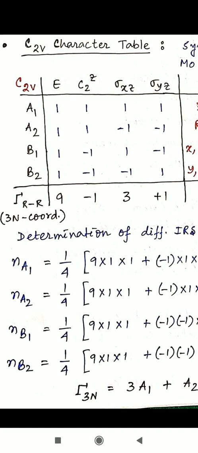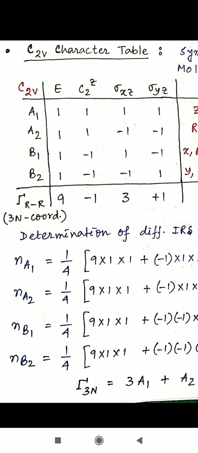First of all, what I have to check is whether all values of E are 1; then obviously I have to write A or B. Then I look at C2Z. If +1 is there in case of C2Z, we write A, and if -1 is there, we write B. Next, I follow sigma xz.